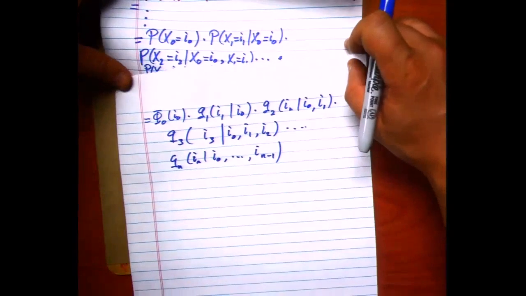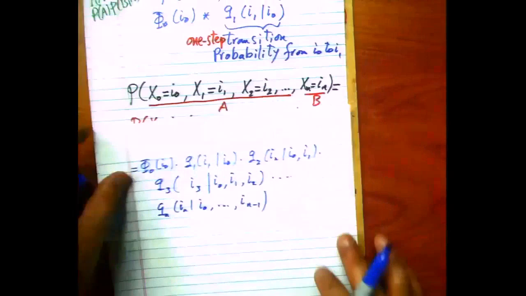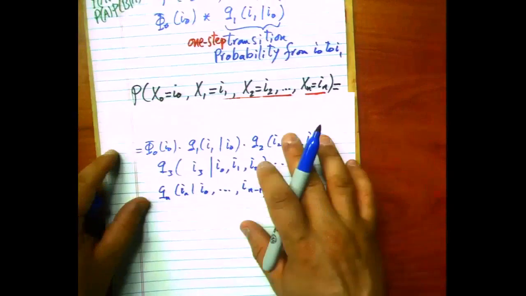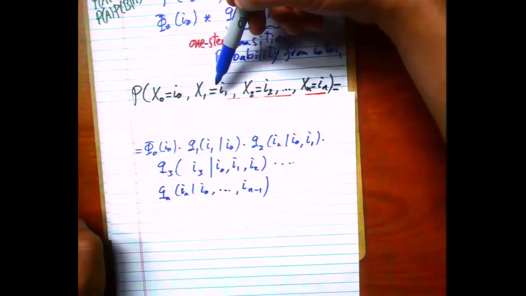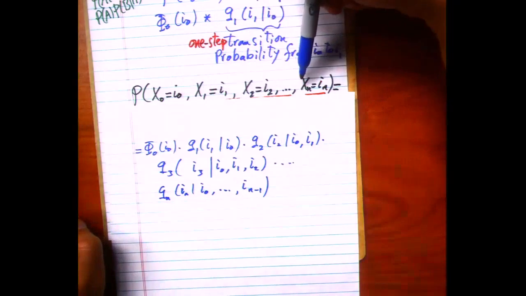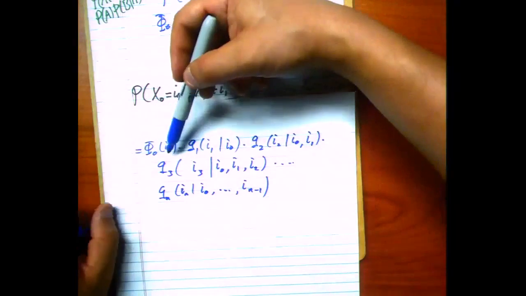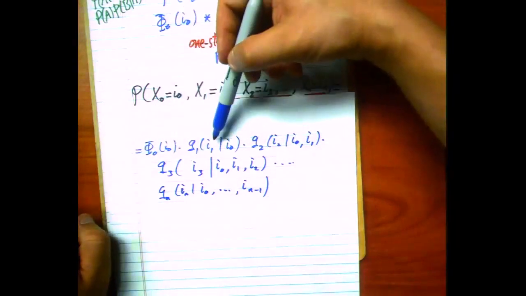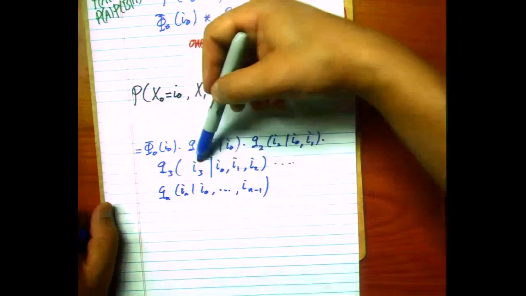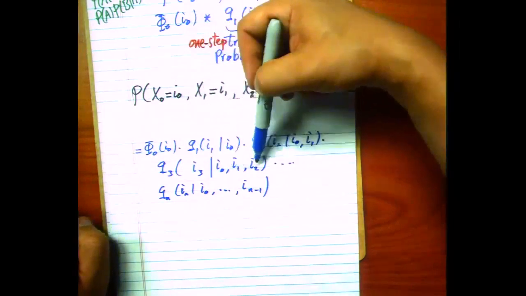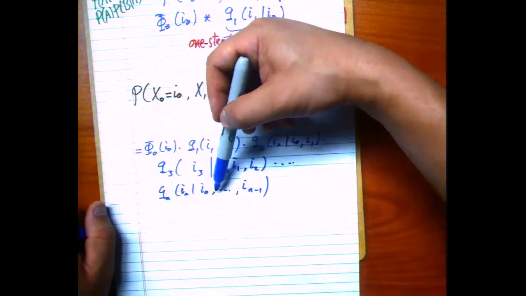Because they depend on each other, we have to start from, or we would say the probability that this trace will happen, X0 is I0, then X1 is I1, then X2 is I2, then X3, all the way up to Xn is In, is nothing but the probability it's going to start from I0, then it's going to go in one step from I0 to I1, then from I0, I1 to I2, and then I3 will be reached from I0, I1, I2, etc., times the probability that it's going to reach In through I0, I1, I2 up to In.